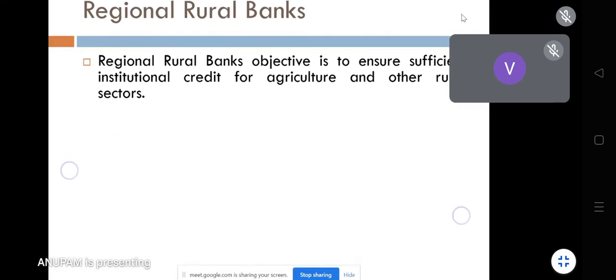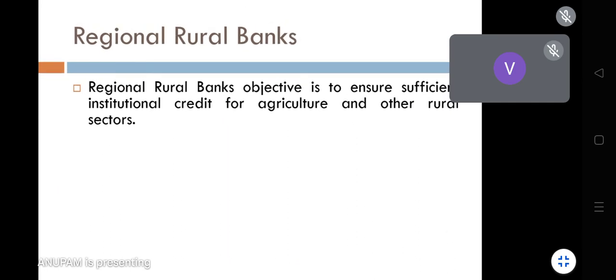Now we'll come to another type of commercial bank, the regional rural banks. I already told you about regional rural banks, that the main objective is to ensure sufficient institutional credit for agriculture and other rural sectors. These exist in villages, and if the villagers want money for some purpose, then big institutions like RBI and some other big banks can transfer money directly to the accounts of the villagers through RRBs.